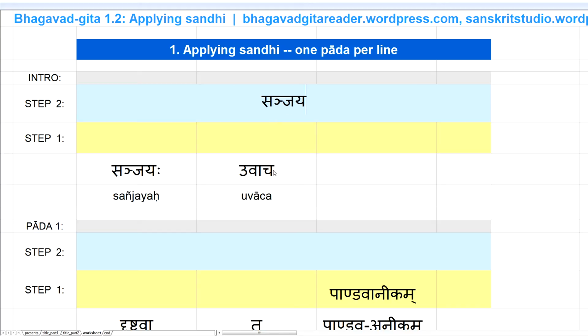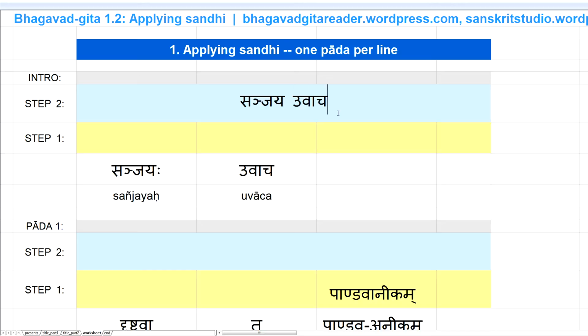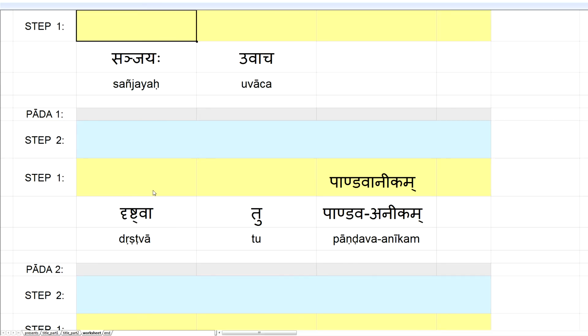That is the rule. And since, when the visarga is gone, we end with a short a at the end of the first word, we can have spacing in between the words. So that intro line is now done.